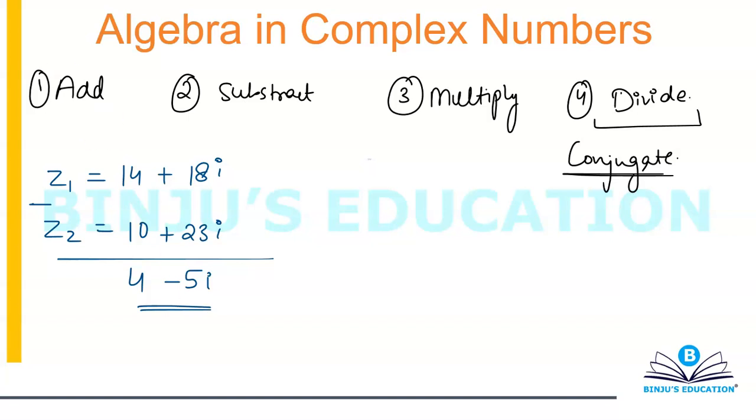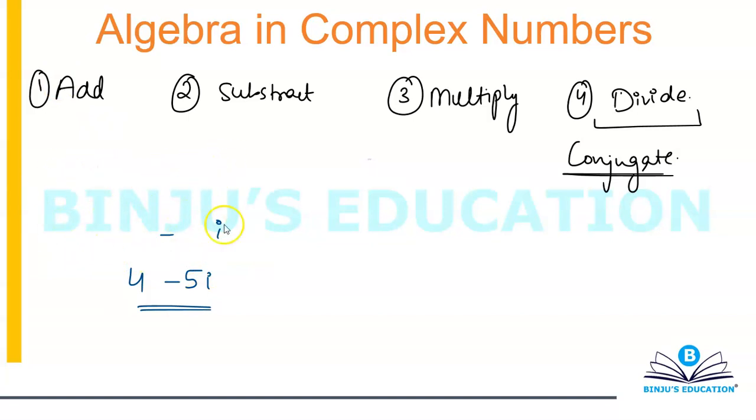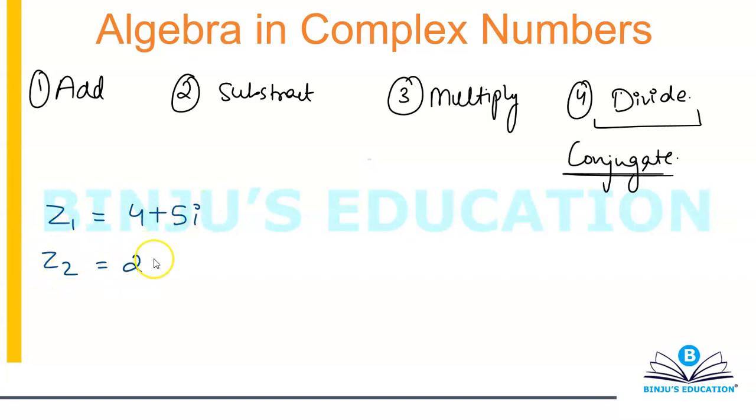Okay, next is multiplication. So let's say I have a number Z1 is equal to 4 plus 5 iota, Z2 is equal to 2 plus 6 iota, and the question is find Z1 into Z2. So this is 4 plus 5 iota into 2 plus 6 iota.